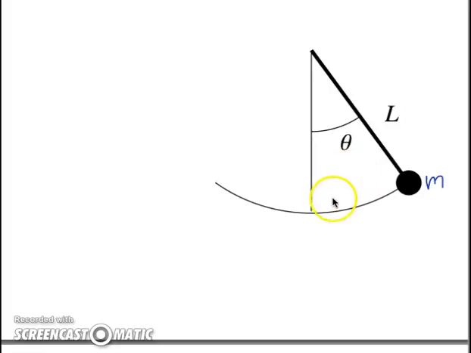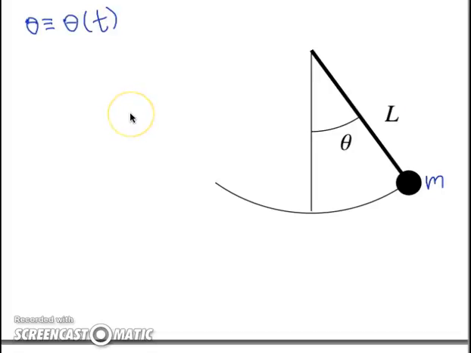So a snapshot of this scenario in which the mass of the pendulum is m and that pendulum has length L, okay? Here what we're interested in is this angle theta, and we're going to think of theta as a function of time. So as time, the independent variable, progresses, that angle is a function of time.